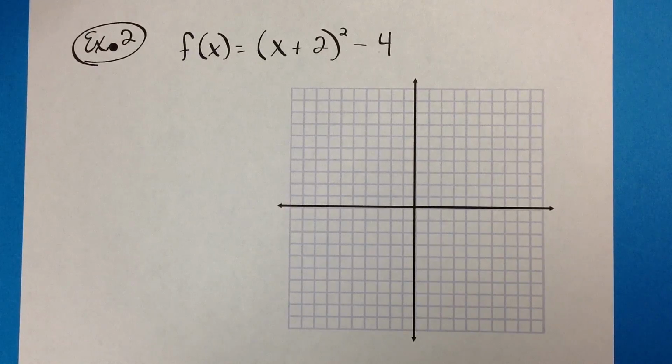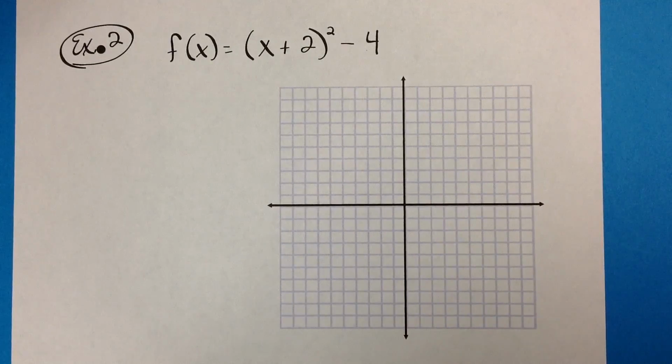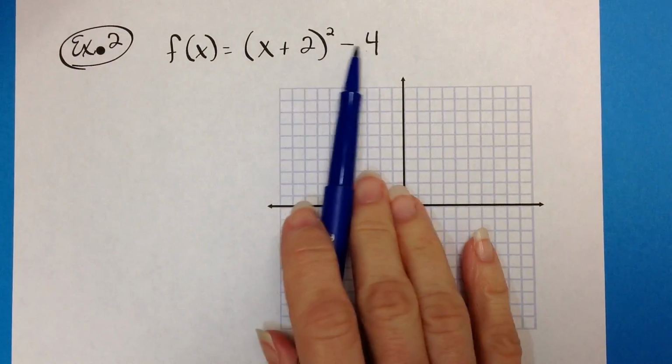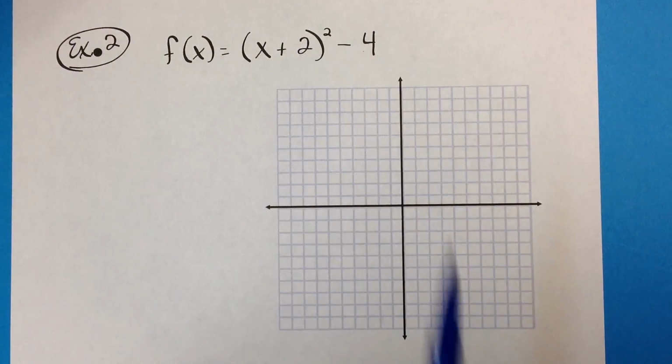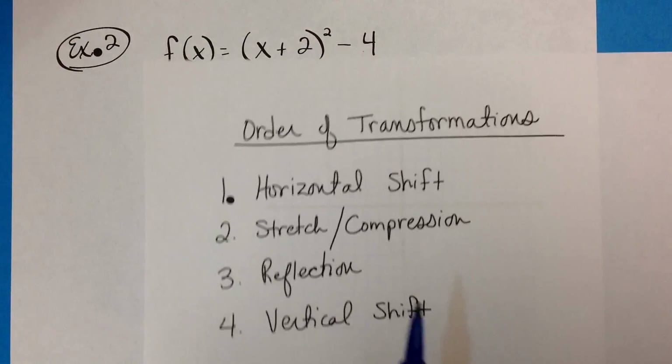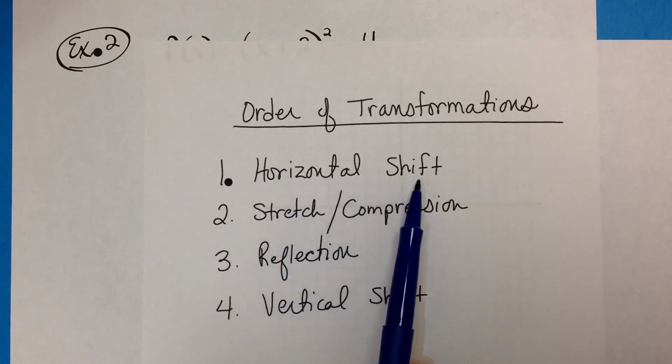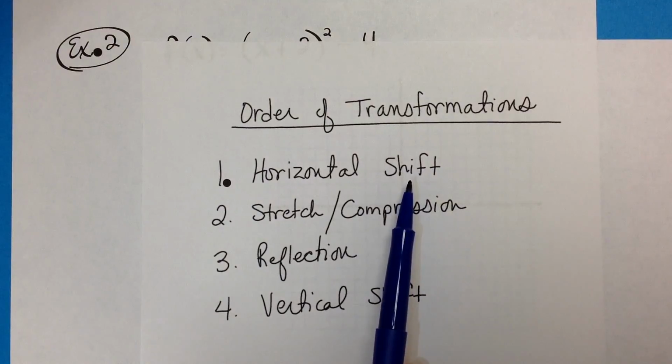Okay, so figuring out what transformations we have this time. Now, let's talk about order here just a little bit. I didn't mention order a while ago because I only had one thing, that was to go to the right 5. But I've got two different transformations here. First of all, the order says you're supposed to look for horizontal shift, that's left or right.